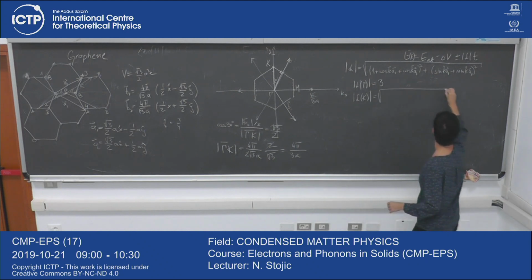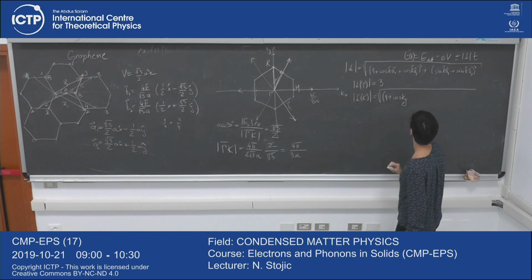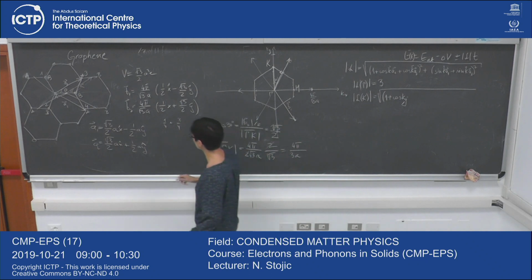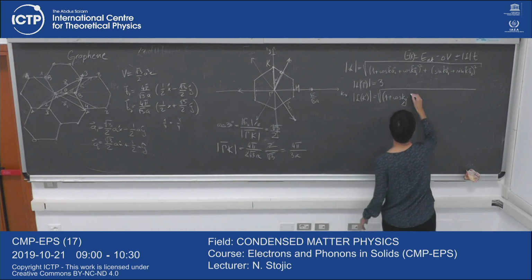Let me write it. 1 plus cosine ky times the y part, which is this, minus 1/2.